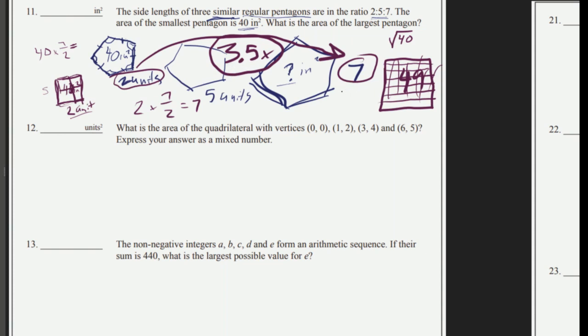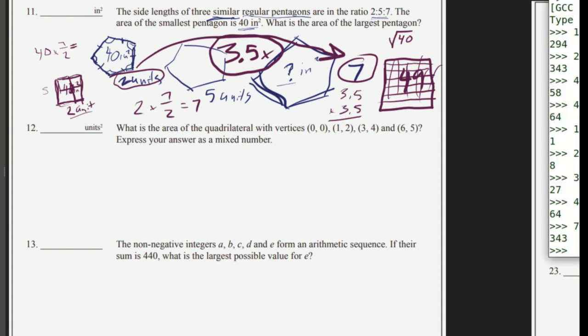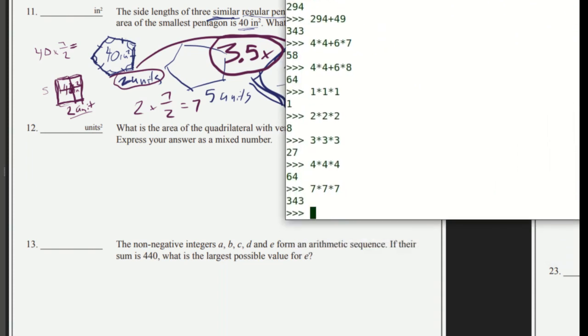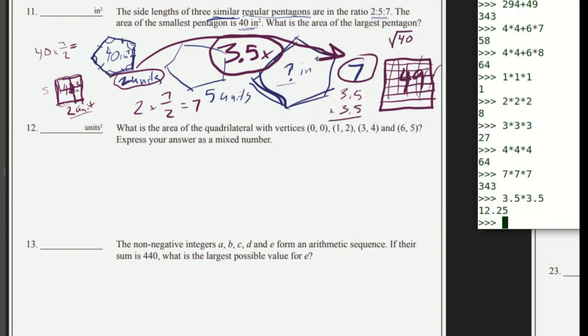Okay, so 3.5 times 3.5. That is the right way to do it. What is 3.5 times 3.5 though? I think I did it right. 12.25. That makes more sense.